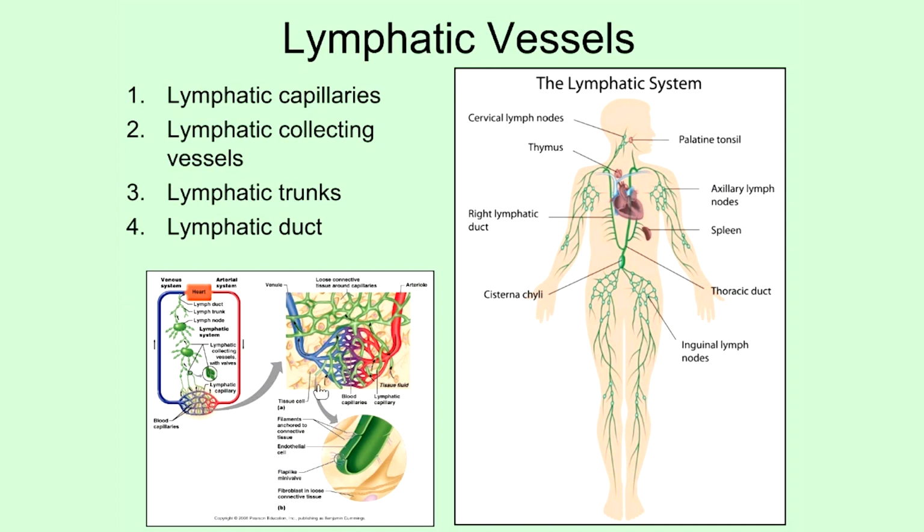So I want you to focus for a minute on this diagram down here. We have a capillary bed, and you know at this point the structure of capillary beds. Blood is going to enter them, and it's going to give up its oxygen and nutrients to the tissues of the body while the blood is in the capillaries.